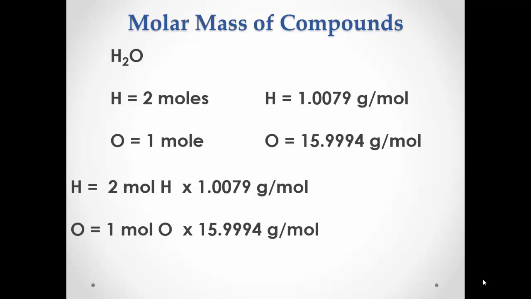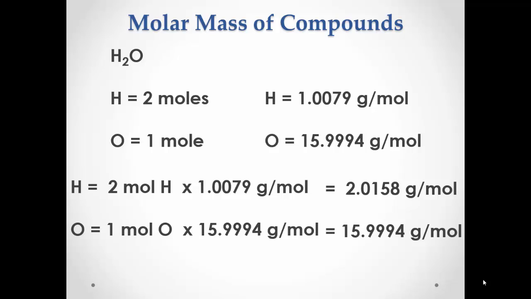So hydrogen has a mass of 1.0079 grams per mole, and there are 2 moles of hydrogen in 1 mole of water. Oxygen has a mass of 15.9994 grams per mole, but there is only 1 mole of oxygen in 1 mole of water. So the total molar mass for hydrogen is 2 times 1.0079 grams, which gives us 2.0158 grams per mole.